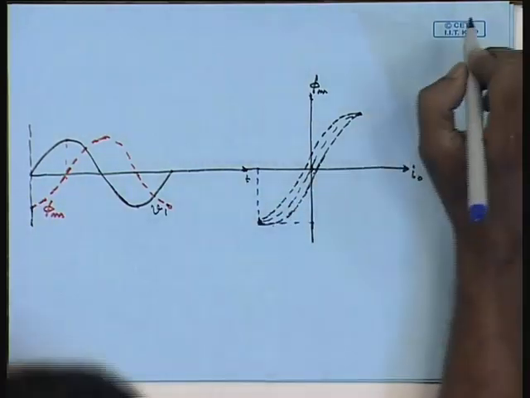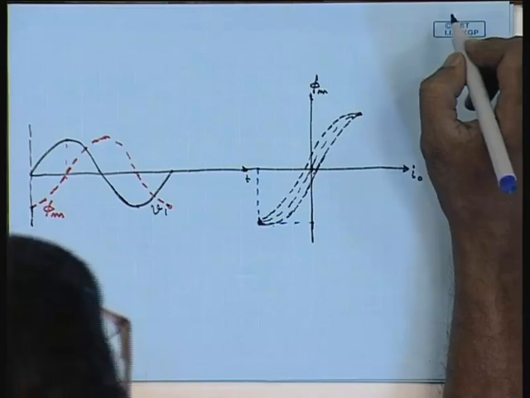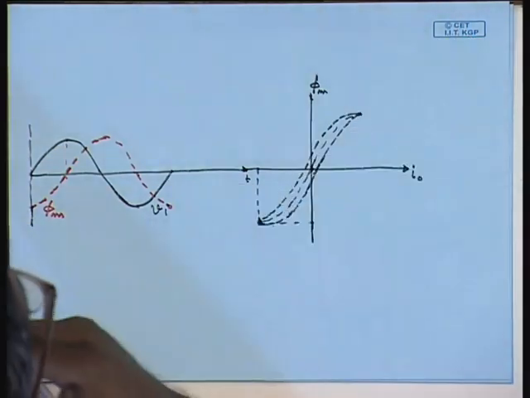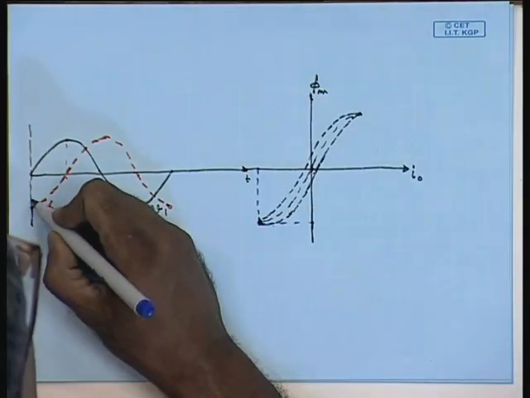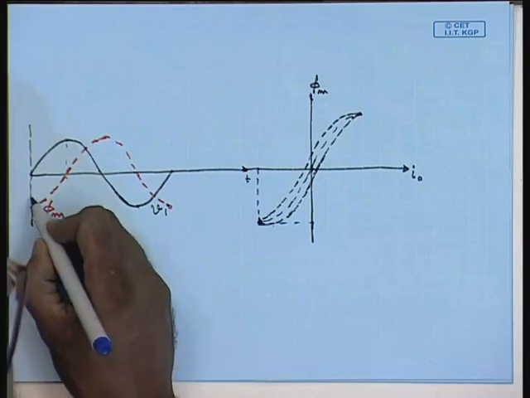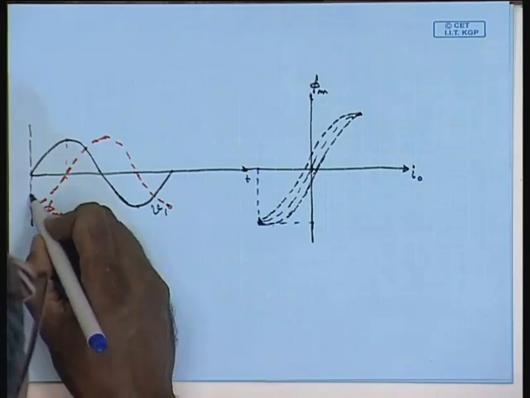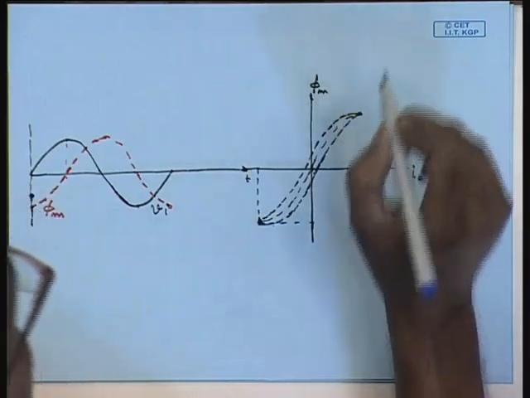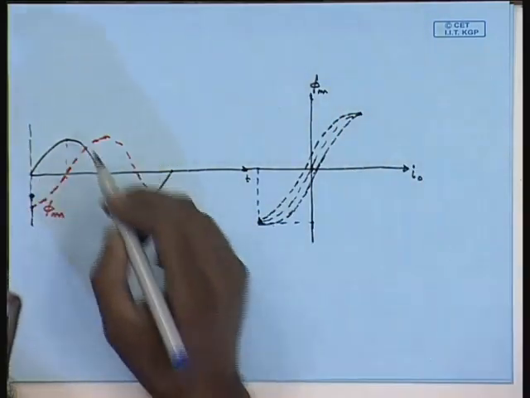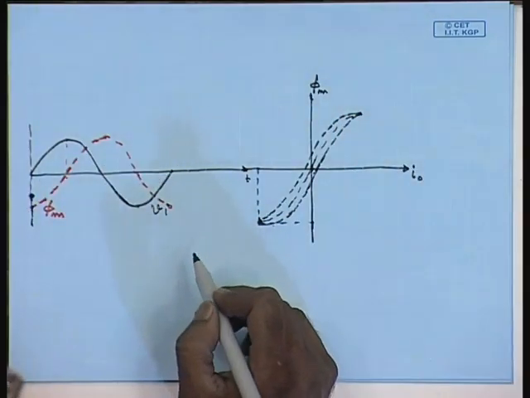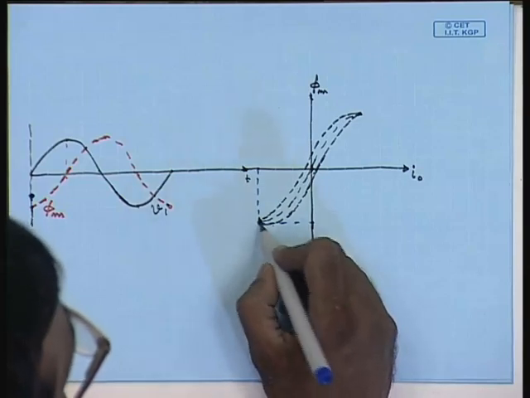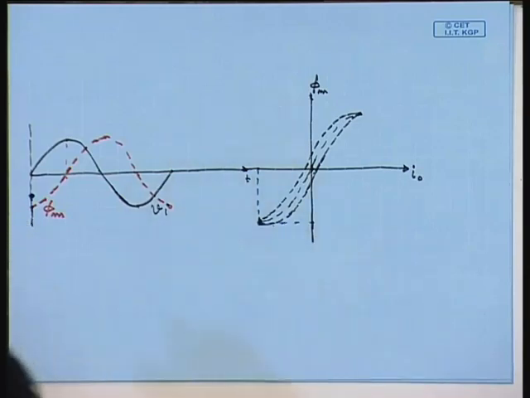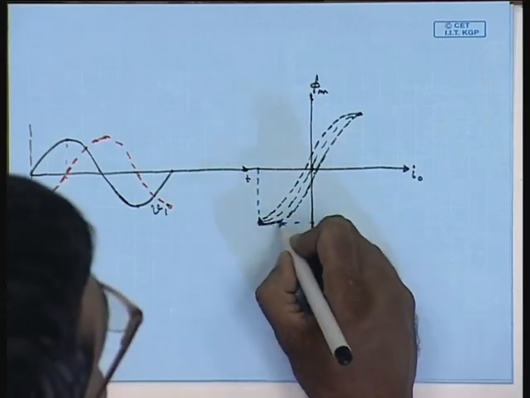So, current was at negative maximum. Now, as the voltage is increased, flux is increasing, and while increasing on the BH curve, it follows this path.